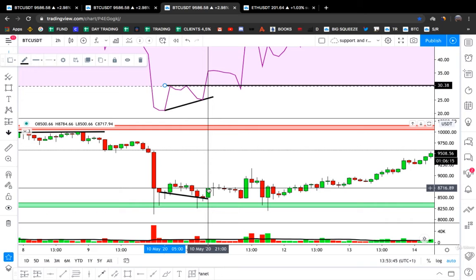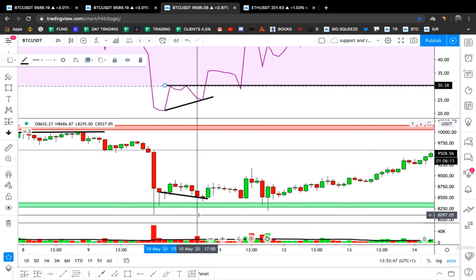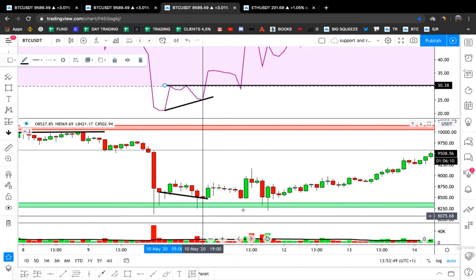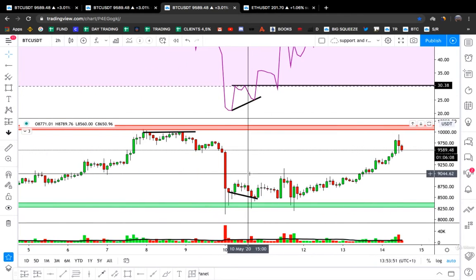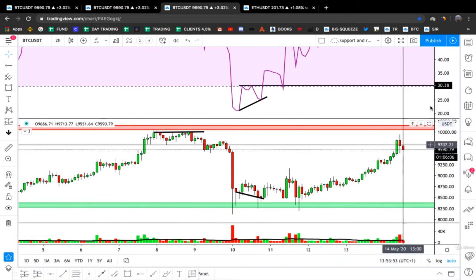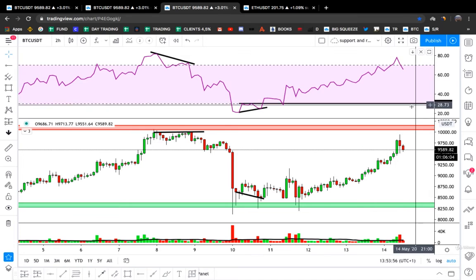So you can enter on this candle, set your stop loss below the swing low, and ride this bad boy until you decide for some reason to exit.